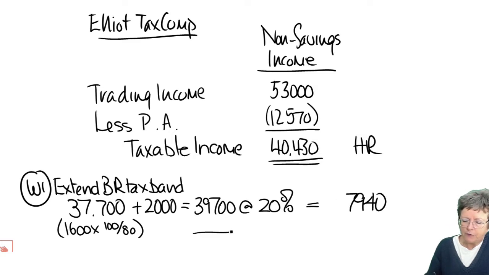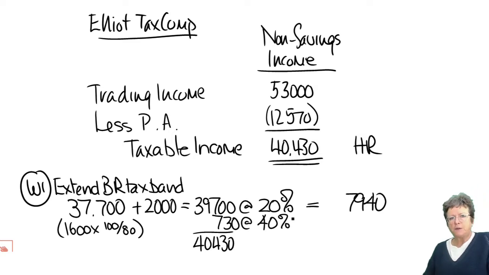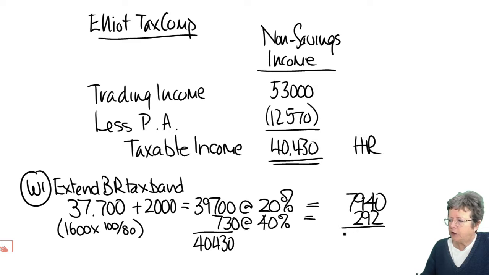So the balance of his income, just 730, he pays tax at 40%. So he saved himself 20% tax relief on those £2,000, giving a total tax liability of 8,232.